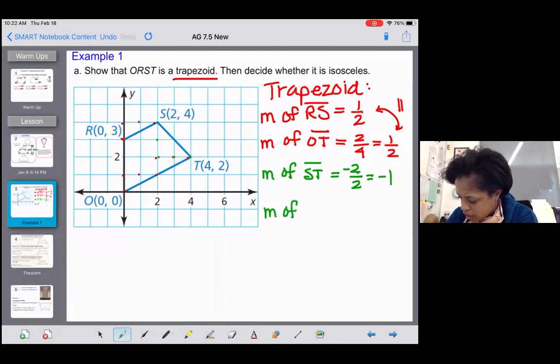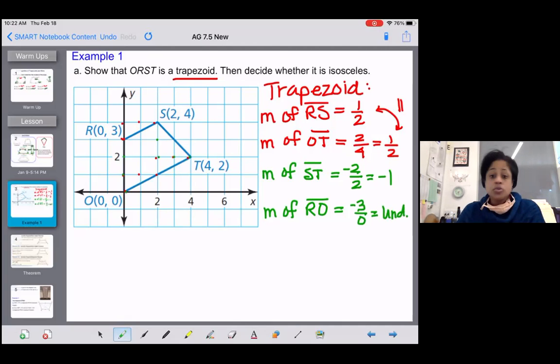The slope of RO is just down 1, 2, 3 and over nothing, which is undefined. So those are two different slopes. One of them is -1, the other one is undefined. Therefore this has got to be a trapezoid. So we've done that part, which is in red and green.